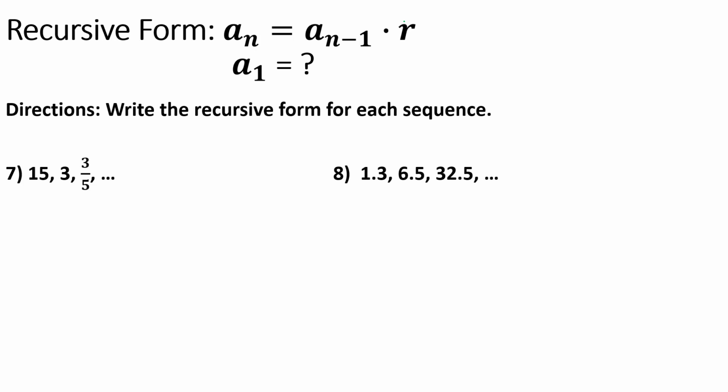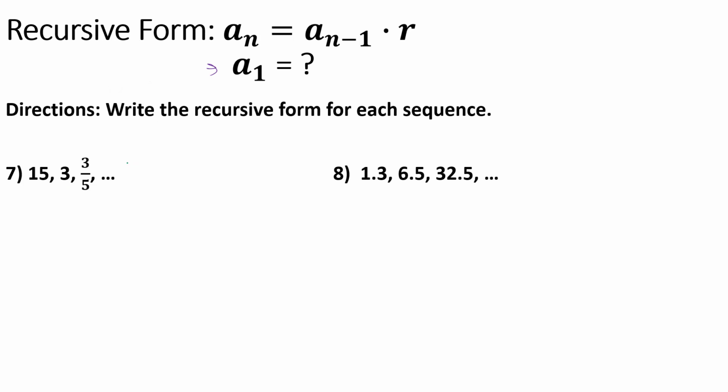I'm just going to multiply by that rate. So I think this one, while functionally practical and probably more applicable to programming, is less preferred when it comes to actually practicing. But ultimately, we need to know two things. We need to know what a sub 1 is, and we need to be able to write the recursive form.